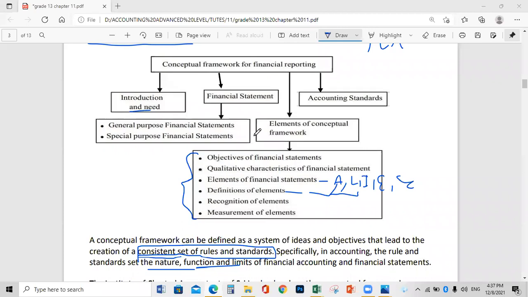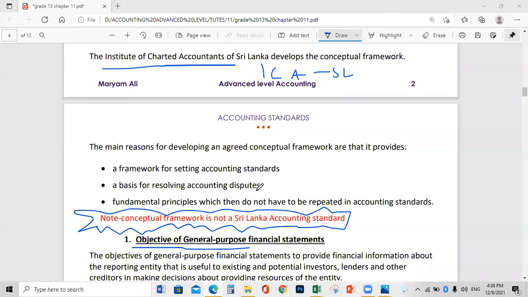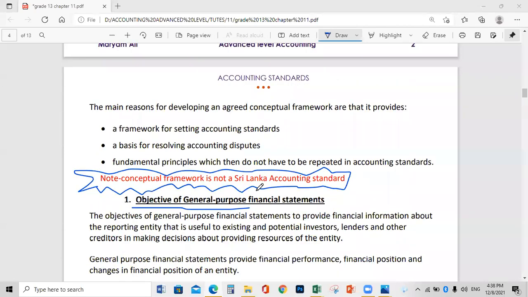Because they provide certain definitions and they say what is the objective and all those. So it helps to be consistent, guys, because certain standards contradict. They have problems between each other.